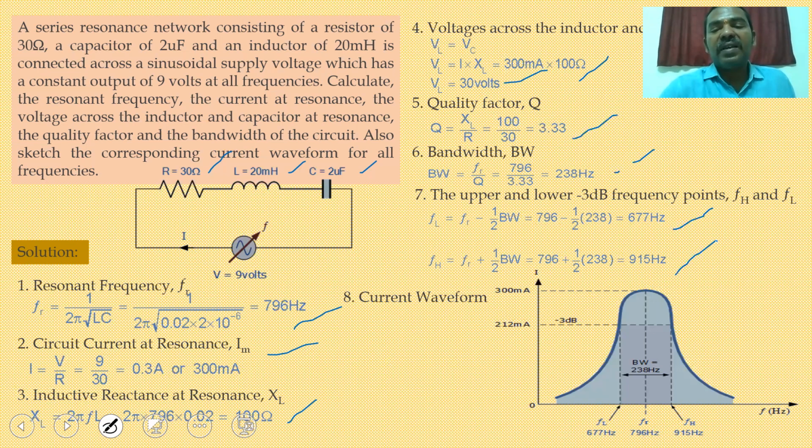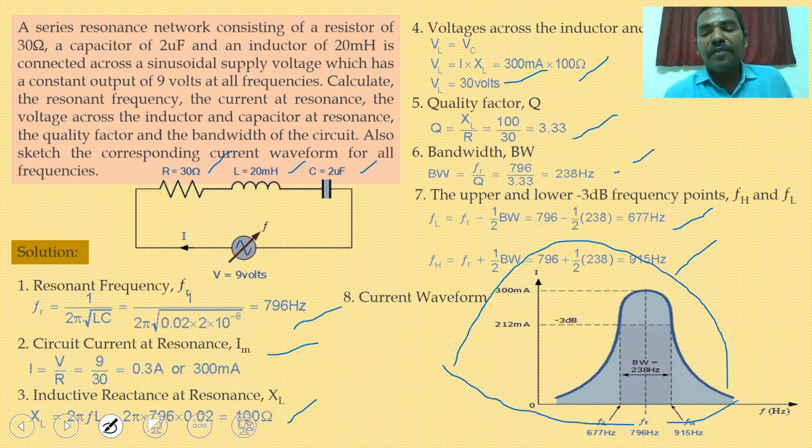This is the current waveform graph. The lower half power frequency is 677 hertz, the upper half power frequency is 915 hertz. Under the 3 decibel bandwidth condition, the current is V divided by root 2 times R, that is 212 milliamperes, and the maximum value of current under resonance is 300 milliamperes.